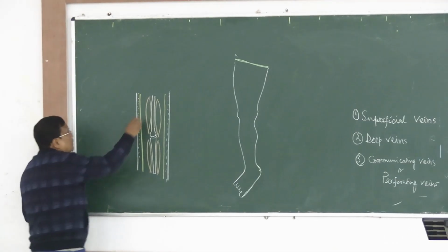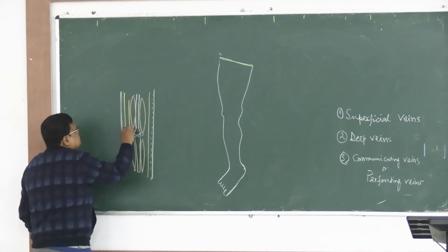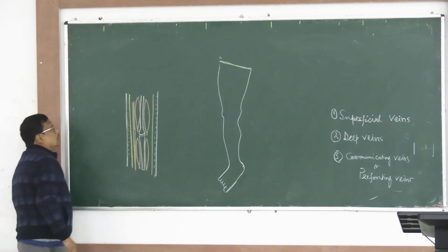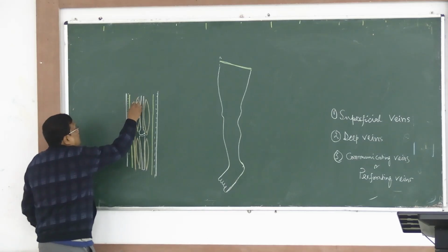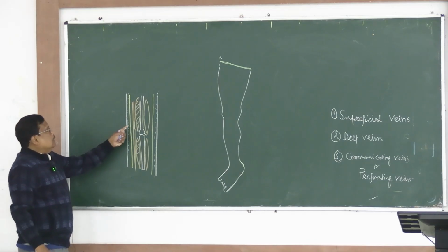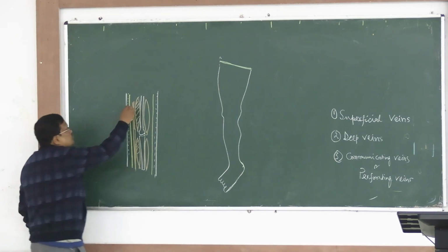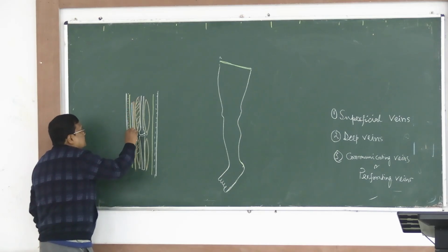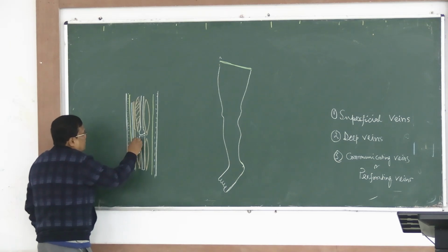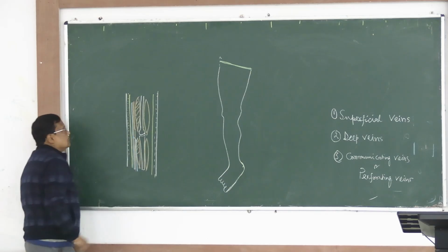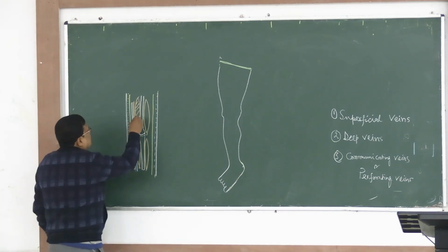And also there are the arteries. You will find a few veins accompanying the arteries. Some veins are present within the muscle bulk itself.